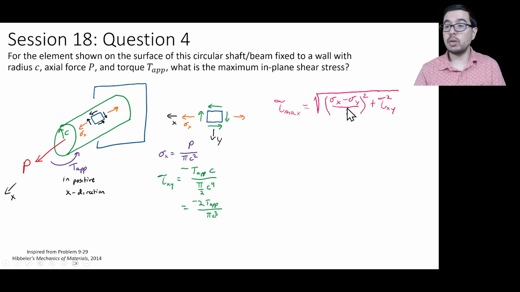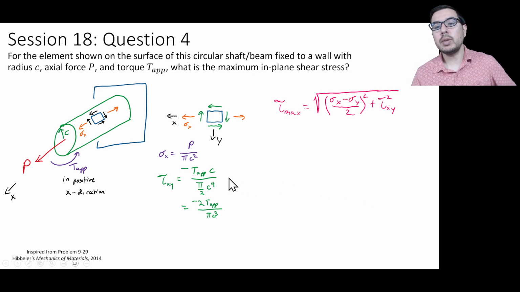The equation we derived for the maximum shear stress is the following: the square root of quantity sigma x minus sigma y over 2, all squared, plus tau xy squared, all under the square root. And once again, we see that sigma y is 0, so that means that this will be 0 here.